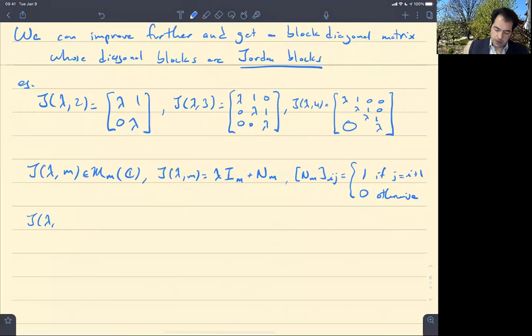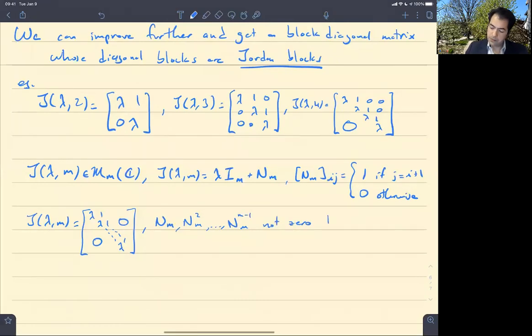Notice that for the matrix nm, it's easy to see that nm, nm squared, up to nm to the m minus 1 are not 0, but nm raised to the mth power is the 0 matrix of size m by m.